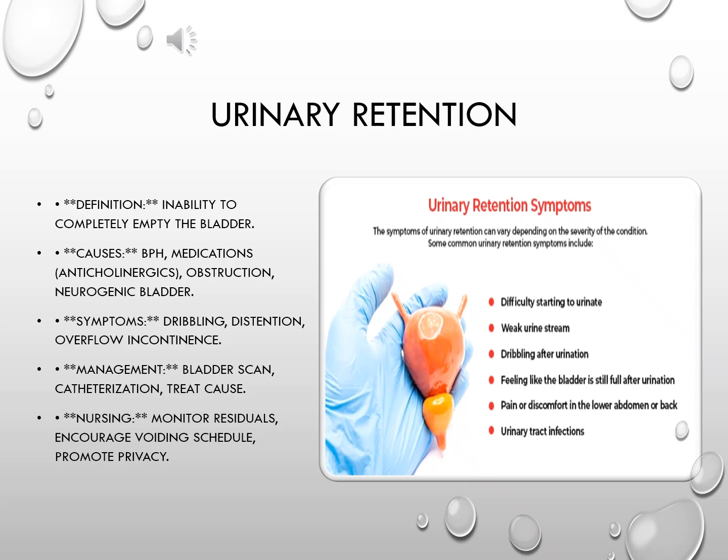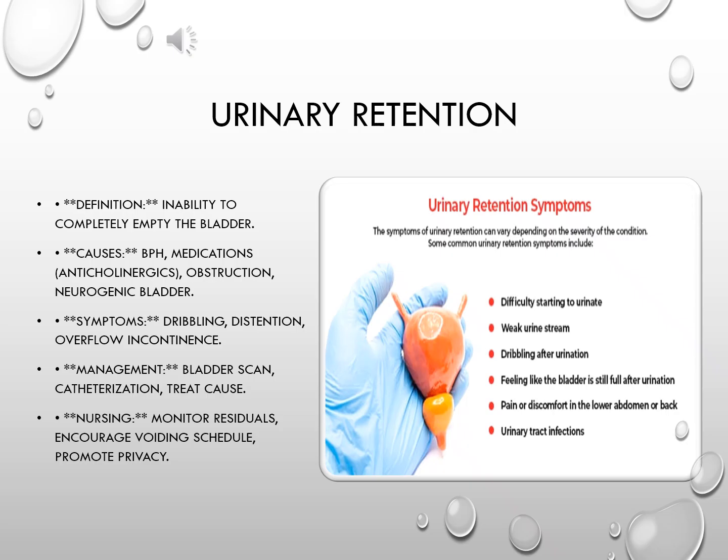For our urinary retention that is a functional or neurogenic problem, this would be due to things like a spinal cord injury or neurological problems like MS, diabetic neuropathy, or medications.